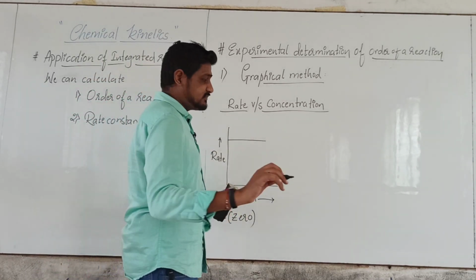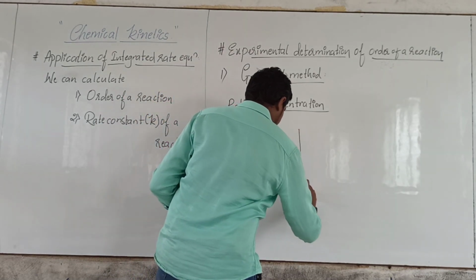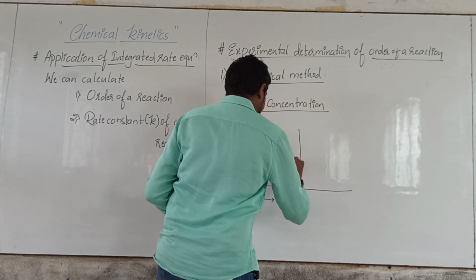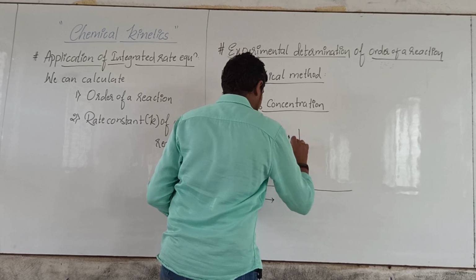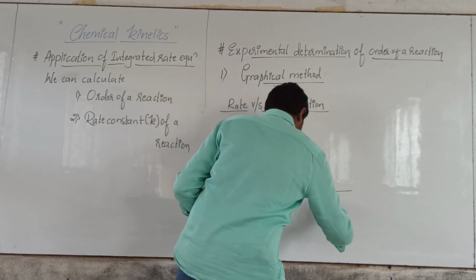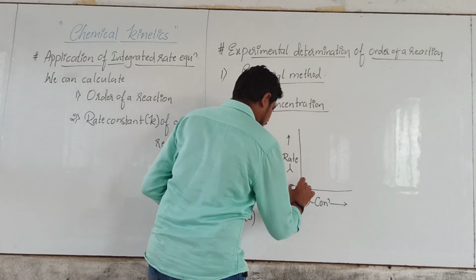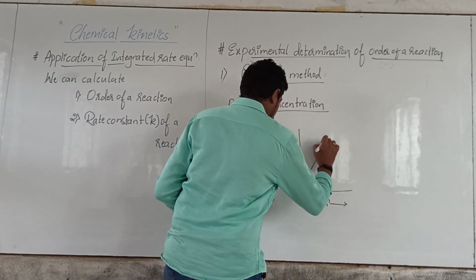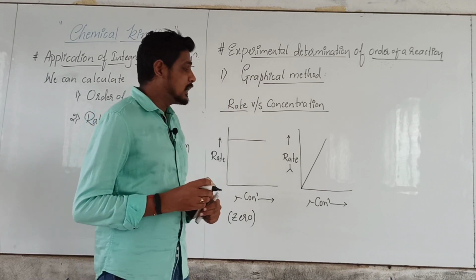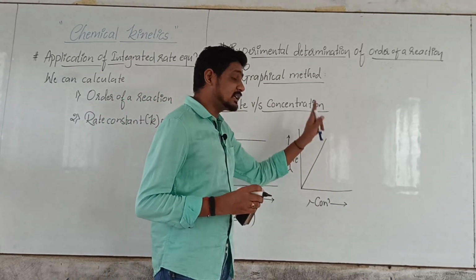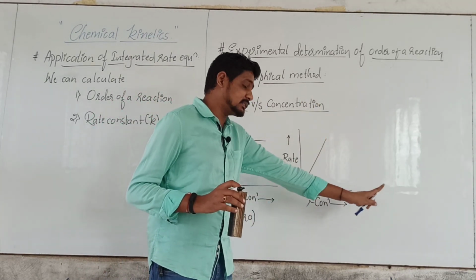So if you plot rate versus concentration, and if the graph is like this, it means what? The rate of the reaction is increasing with the concentration.